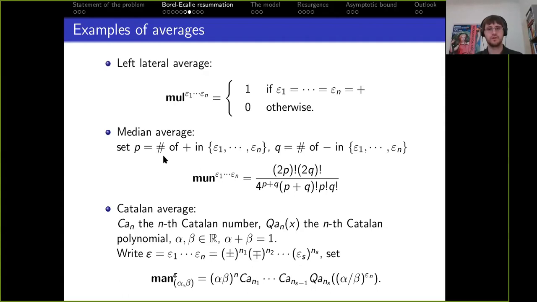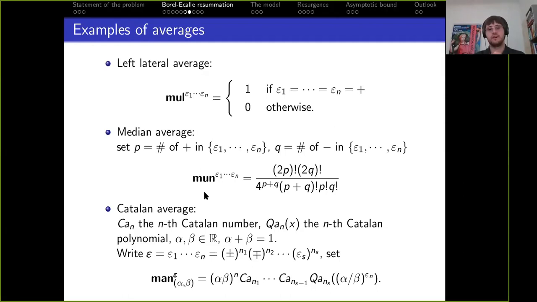That's where the U comes from. They are uniform in the sense that two paths which have the same length and go the same number of times on the left or on the right will have the same weight. So it doesn't really depend on the path. It only depends on the number of plus and minus in the signature of the path.